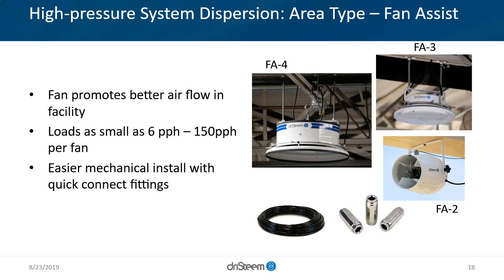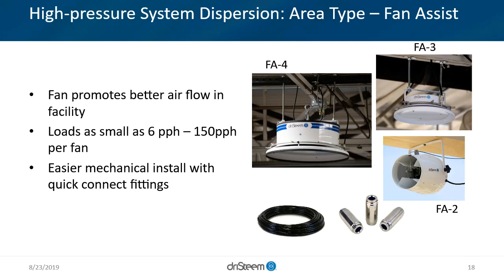Regarding another area type, there is fan assisted. This is also in the marketplace and something that DriSteem has to offer. Really, this is going to promote better air movement and decrease that absorption distance needed, because instead of that gradient as we cool the air and as we humidify that air, this is going to get that turnover in that specific isolated space to get more dry and warmer air into it instead of the stick type manifold design.